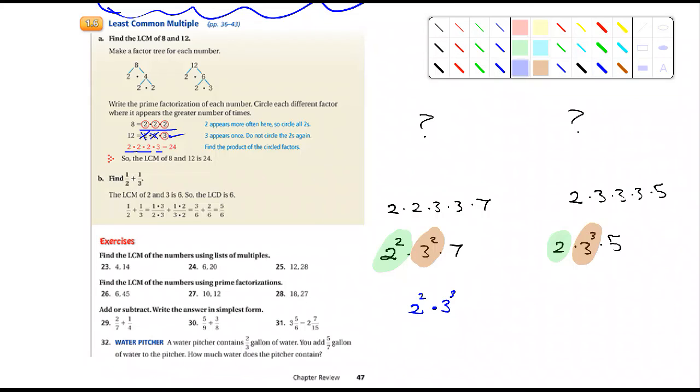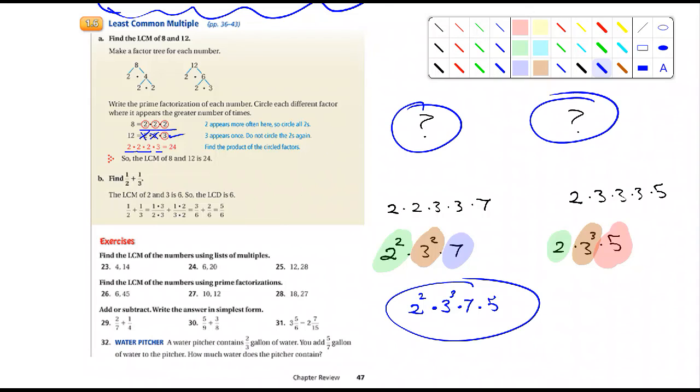Only one of them has a 7. Do we use it? Yes. And then you have to use 5. Only one of them has a 5. Do we use it? Yeah. Times 5. And so you would do those, and then you would figure out what the least common multiple is, the smallest number that both those imaginary numbers would go into.